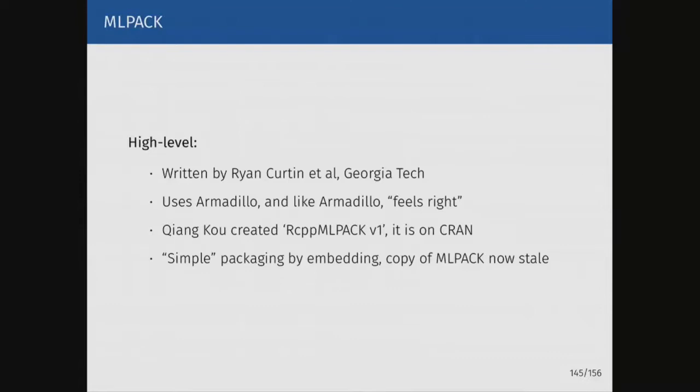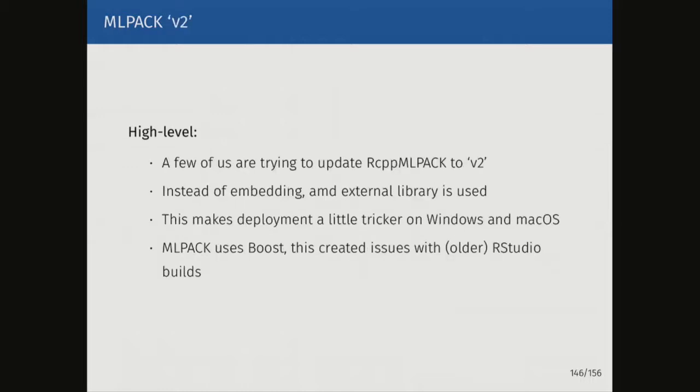And if you have a system where it's easy to get Boost built and these things, then you're good. But it's still a bit more work, and we're trying to make that a little easier on Windows and Mac OS. It's all doable, but it's not so automatic that we can toss it to CRAN. But I think we have an rcppmlpack organization on GitHub where these repos are.